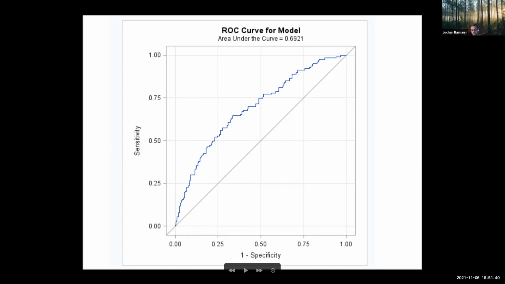Sensitivity is true positives divided by true positives plus false negatives. That means these are the ones from your population of admitted students that really did get admitted based on your logistic regression.